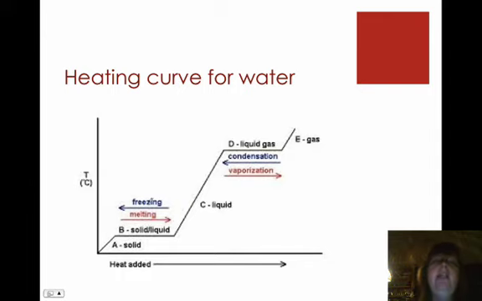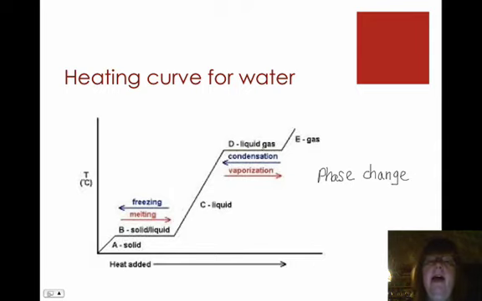So what you need to know on a heating curve. First of all, you need to know that at the plateaus, where the temperature is not changing, that is where we have phase changes. Where the temperature is not changing, that is a phase change.